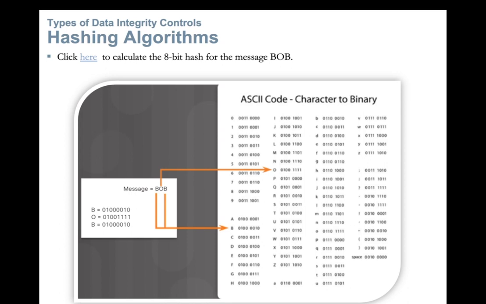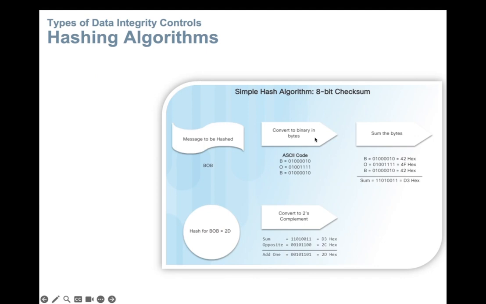Next, convert these binary numbers into hexadecimal. So the message to be hashed is BOB. We have seen its ASCII values. Then sum these bytes, that is, convert these binary numbers into the hexadecimal form.